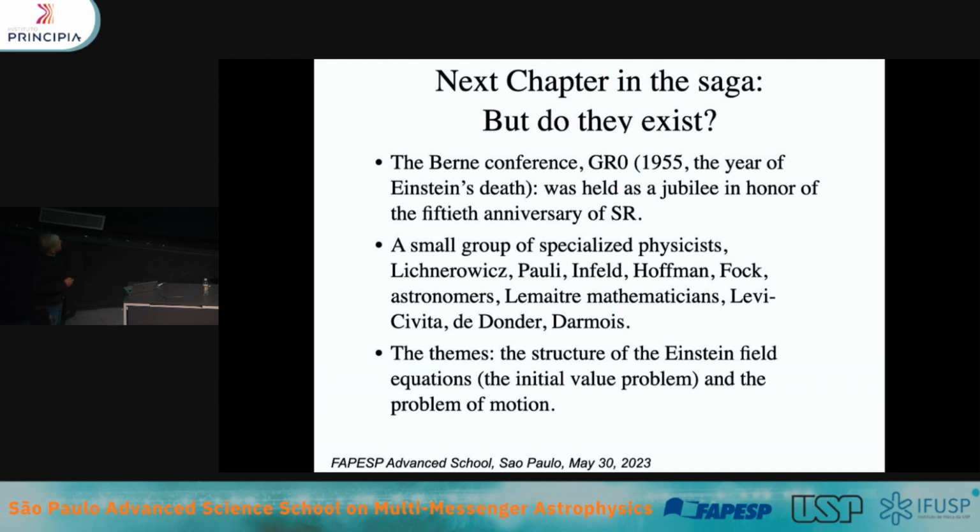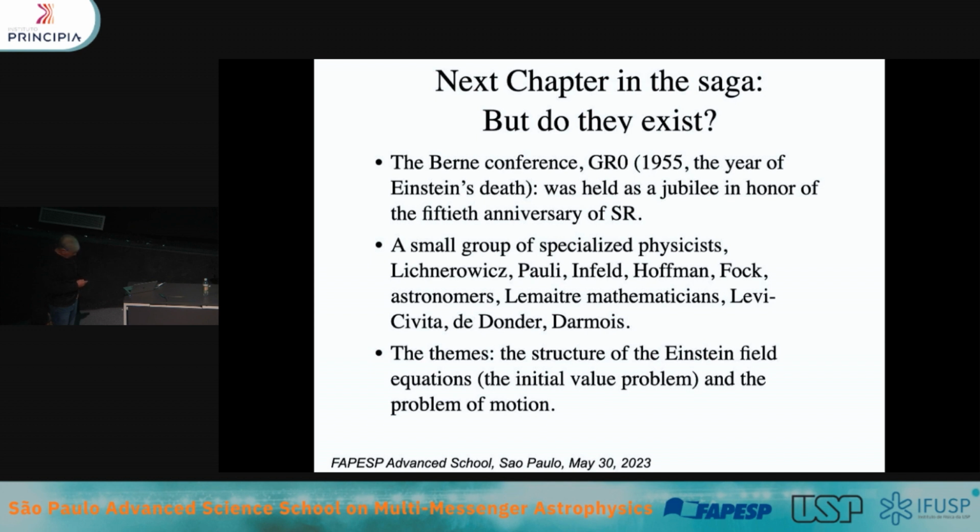And so the topics were the structure of the Einstein field equations, the initial value problem. Ivan Shukewura was at that meeting and started showing how the problem could be solved, and that was quite important in terms of understanding the Cauchy problem, initial values, and how you can get a well-posed theory of gravitational radiation.